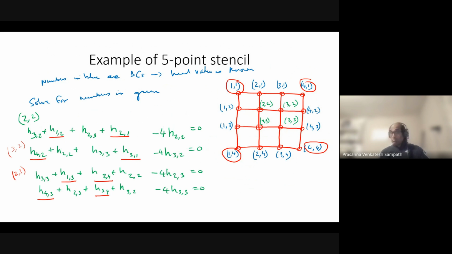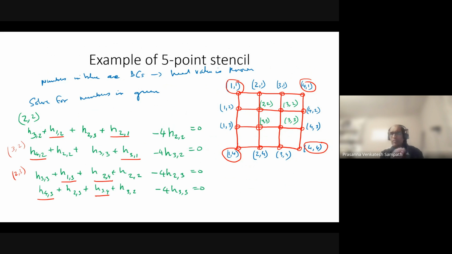So now this is a very important set of 4 equations that I have written, in which each equation has 3 unknowns and 2 knowns, and the 2 knowns have been underlined in each case.